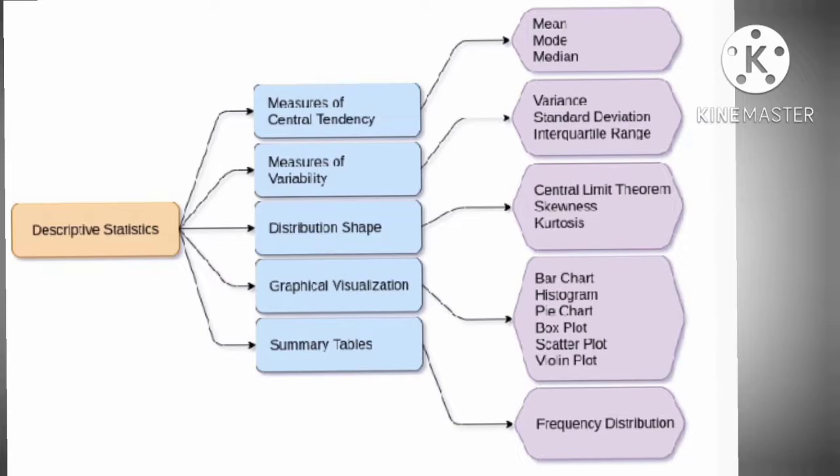In some cases, what most students usually focus on is the measure of central tendency and the measure of variability. While some other students focus on the first three, that is measure of central tendency, variability, and distribution of shape. In fact, some even go to the extent of doing the frequency distribution.